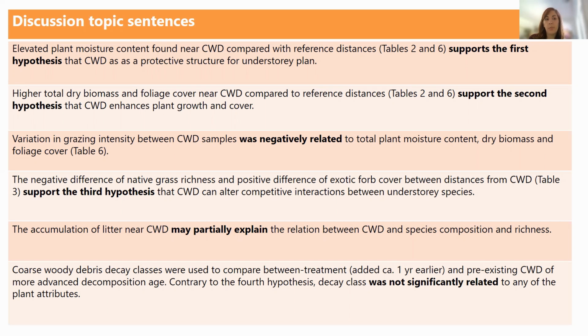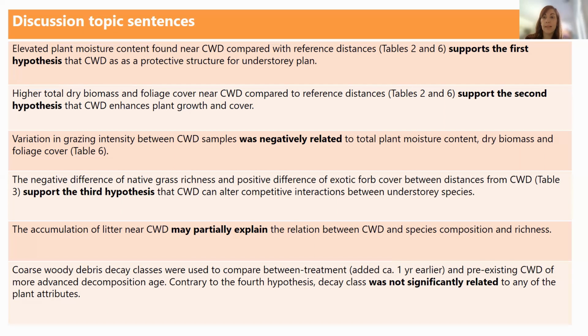And then the next one is about supporting the third hypothesis. And then the fourth one has a little bit more hedging, may partially explain. And then the last one was not significantly related. Okay, so it's in order of the hypotheses as well as the strength of the findings, whereas we get the least compelling findings at the very end. So that's one example to look at.